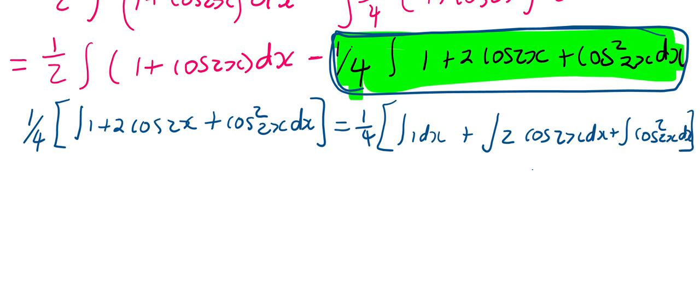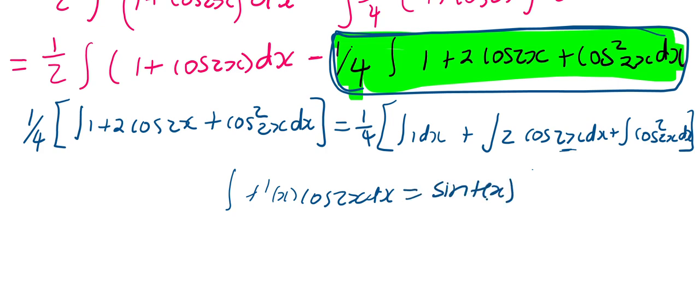Okay. Now you can see the first term is actually a constant. So it's the integral of a constant times x. And then the second one is what we did apply there, where we have a function f of x, meaning that we apply the integral of f prime of x cos of f of x dx is equals to sine of f of x.